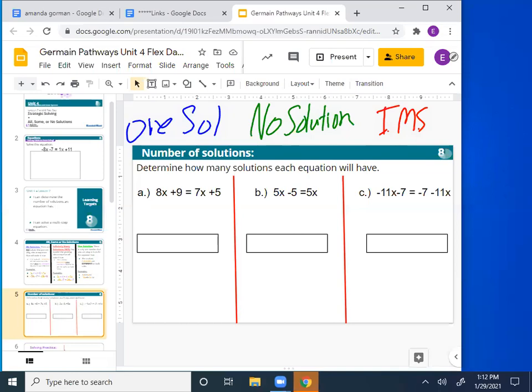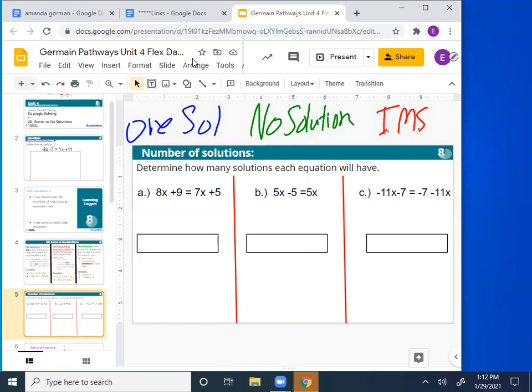Okay, let's come back together. Okay, we are looking at letter A. I have a lot of friends at home saying that they think A has one solution.